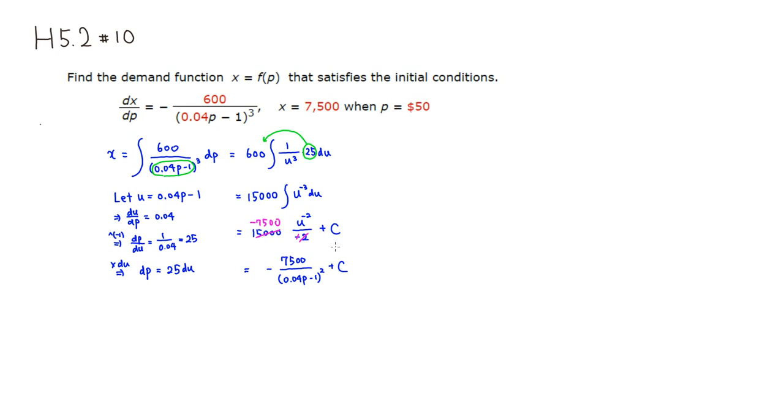Now we're going to use the initial value condition so that we can find c. So x of 50 is equal to negative 7,500 over, putting the 50 there, 50 times 0.04 is 2, minus 1, squared, plus some constant c.